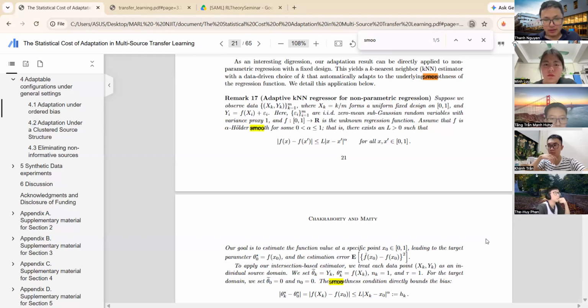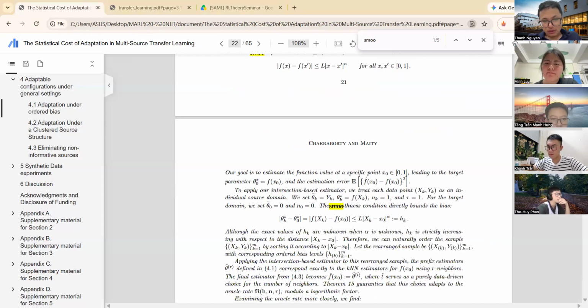Even under the smoothness condition, the story doesn't change: you can still apply the intersection-based estimator and achieve the minimax rate. Of course, the rate is different from the parametric case.